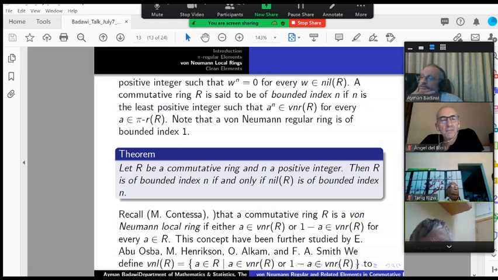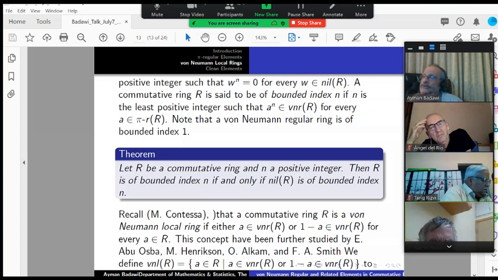Let me give you the definition of a von Neumann local ring: for every A in R, either A is a von Neumann regular element, or 1 minus A is. We studied this concept too in this paper.